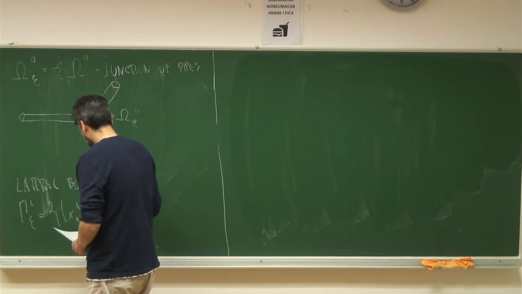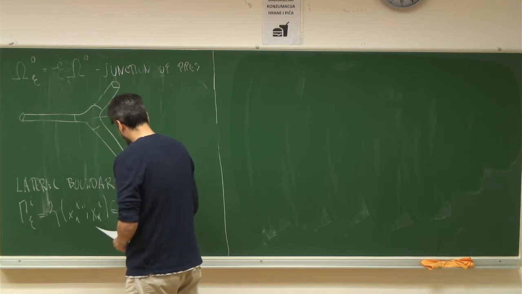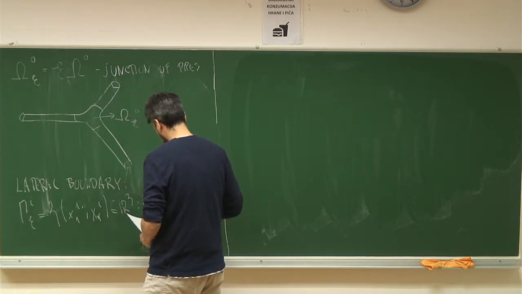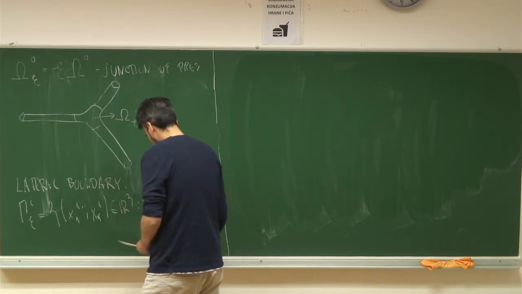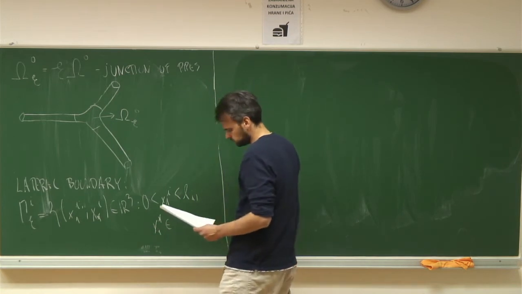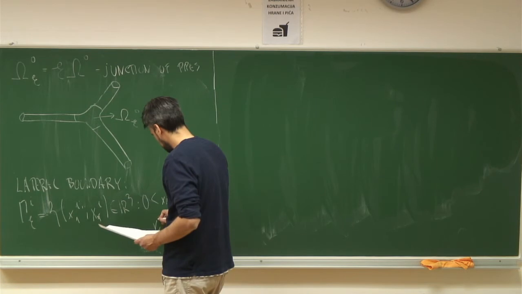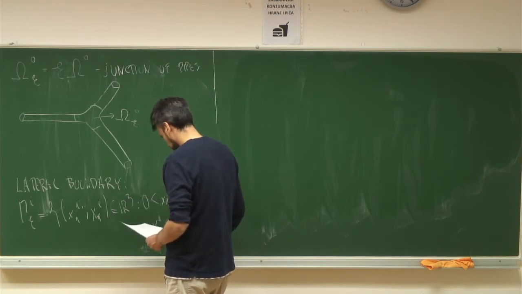This is more or less standard. R3. x1i is from 0 to L1. And x star i is from this boundary.